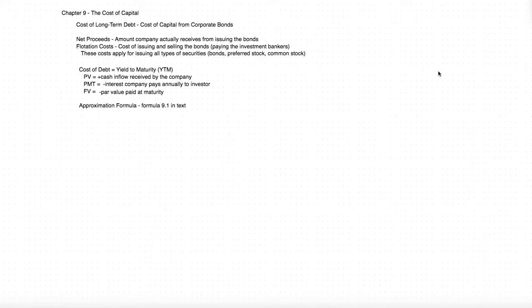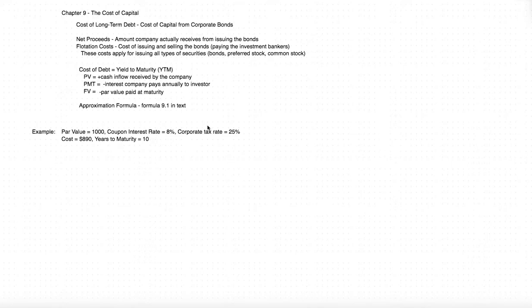Now at this point, let's take a look at an example of how we would calculate the yield to maturity for a long-term debt, or cost of capital, essentially, for the long-term debt. So in this example, let's assume that we have an issue where the par value is equal to $1,000.